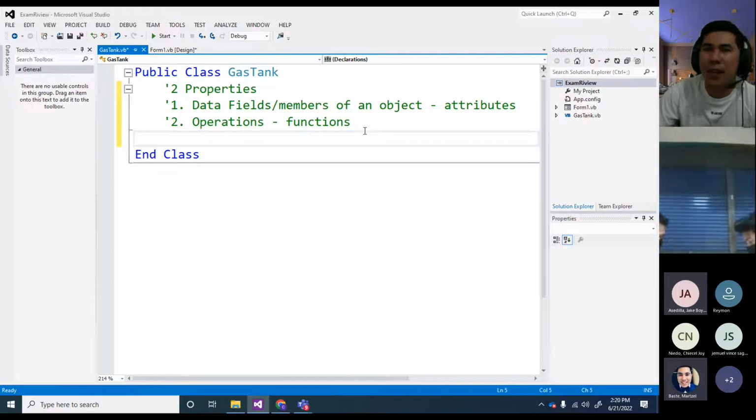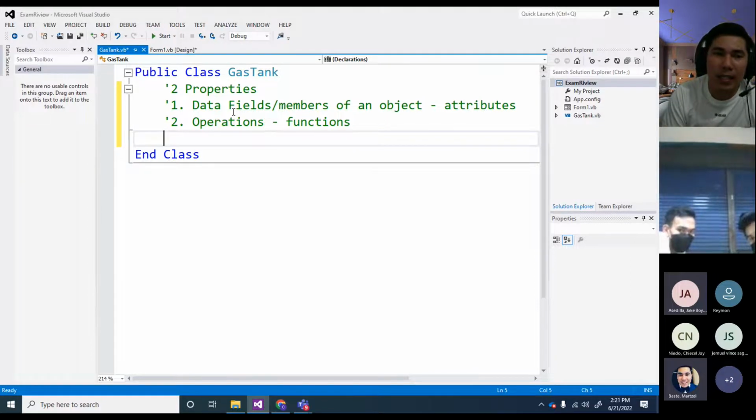Another example, a flash drive. A flash drive is an object. We are actually surrounded by objects in the world, so it's important for us to understand the object. This is not structural or procedural programming, where the data and its associated members, attributes and operations all come together in one program. With encapsulation, we put all the data and its associated members or operations into one single unit called a class.